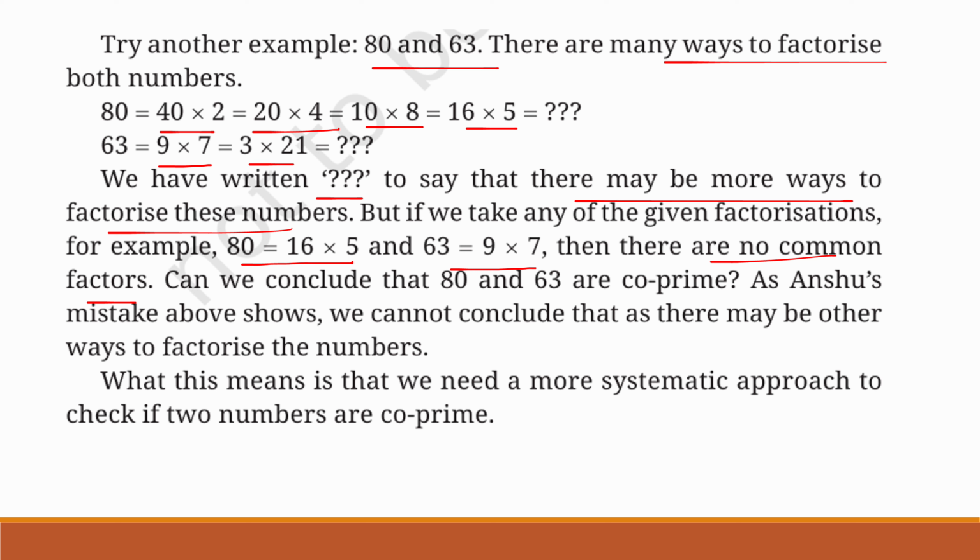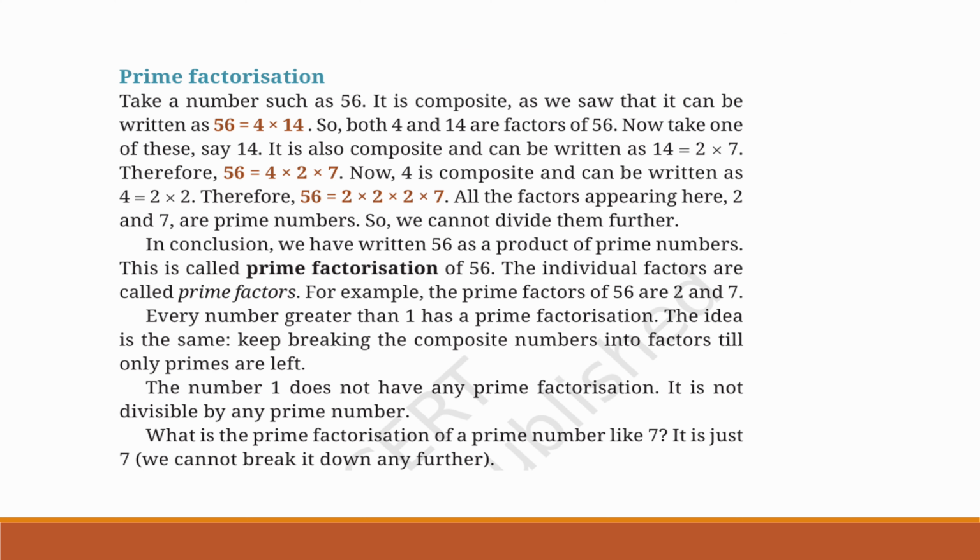As Anshu's mistake above shows, we cannot conclude that, as there may be other ways to factorize the numbers. What this means is that we need a more systematic approach to check if two numbers are co-prime.